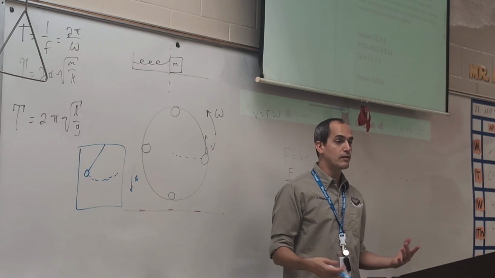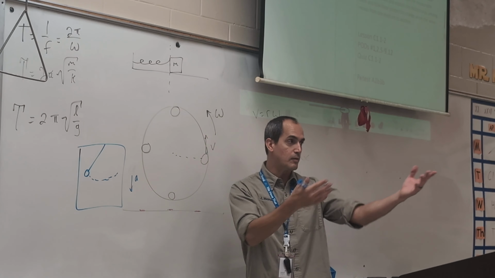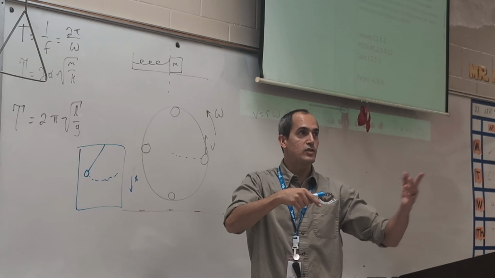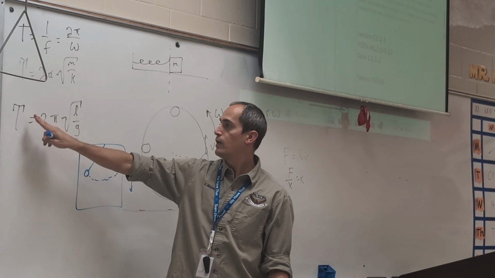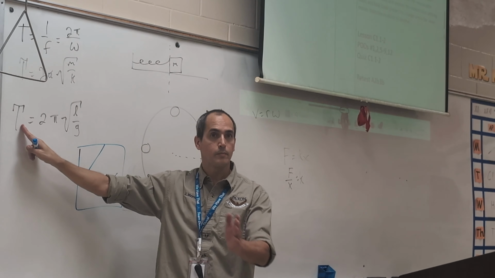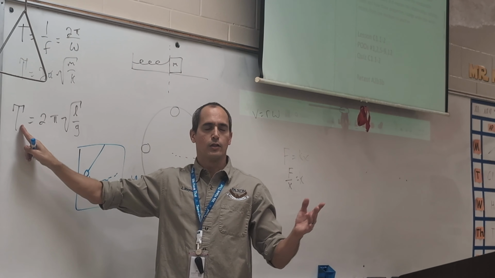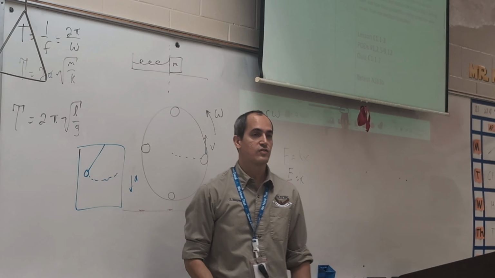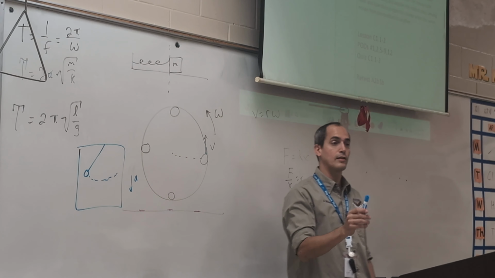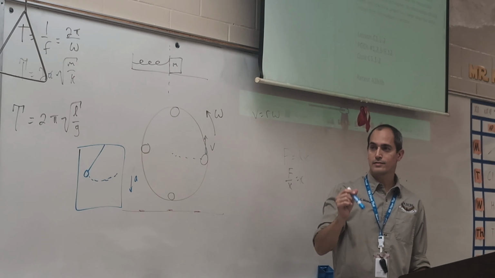So the effective G that the pendulum experiences is smaller. With the smaller G, you get a larger time for the oscillation, and more time means slower frequency. So it oscillates slower as we accelerate downward.